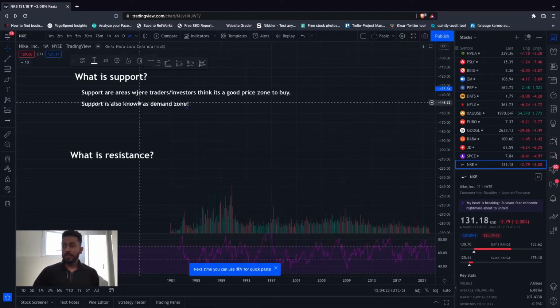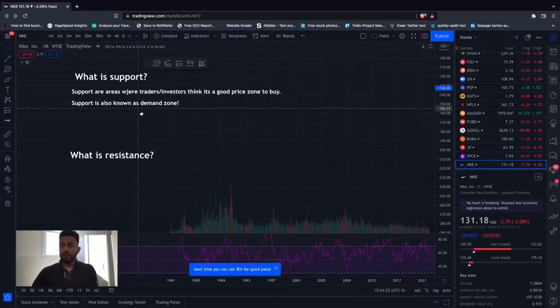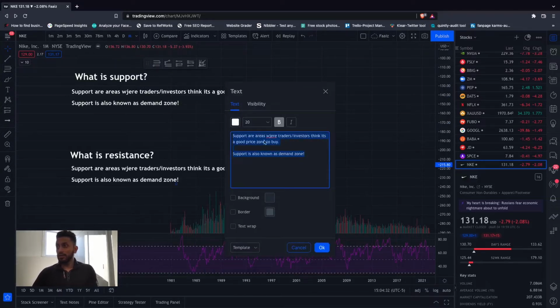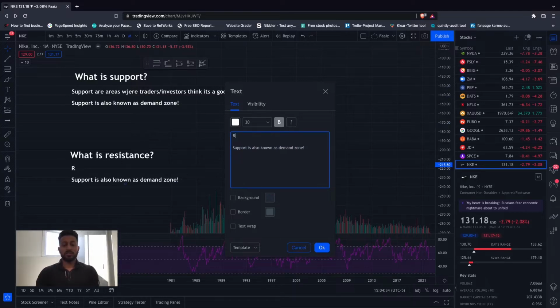Okay, cool. Now, what is resistance? Resistance are areas of price where traders/investors think it's a good price to sell.